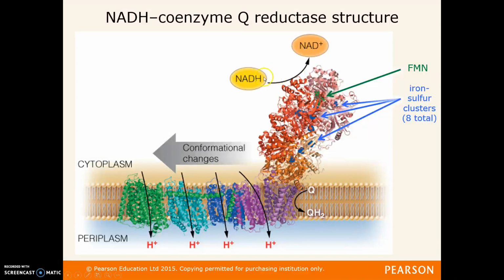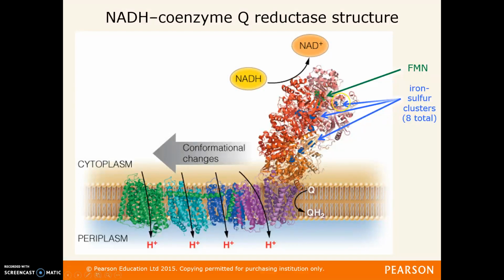This is important because it can take both electrons from NADH, but then it can pass them off onto various iron-sulfur clusters, and these are little clusters of iron atoms and sulfur atoms that form a cubical matrix.